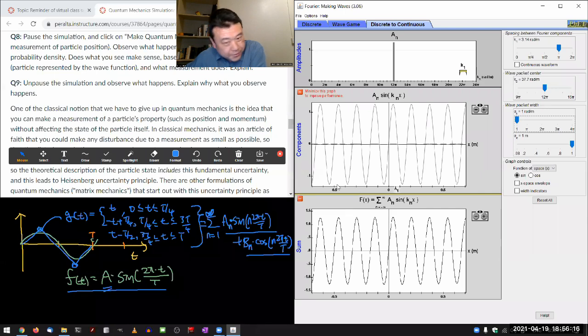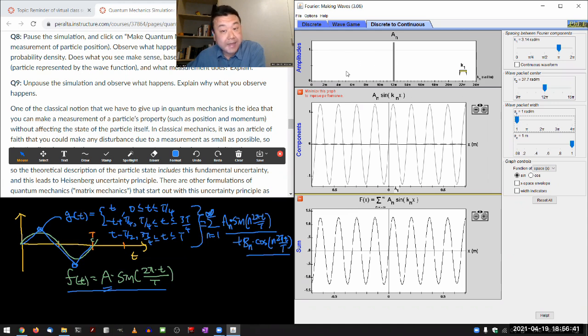Just to make sure that we understand all the graphs, these two bottom graphs are both graphed on a similar scale. The x-axis represents the position. This top graph is graphed differently.